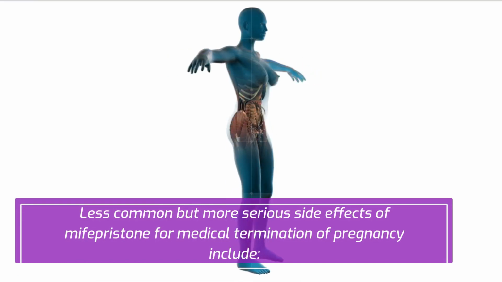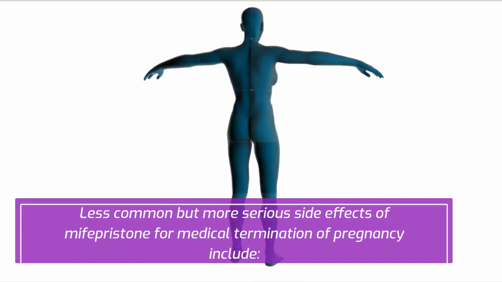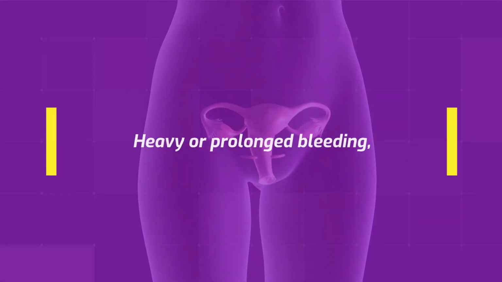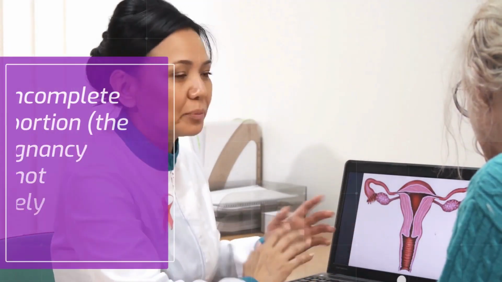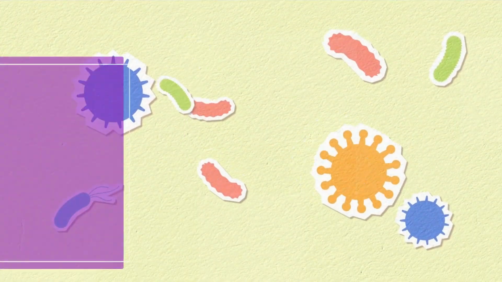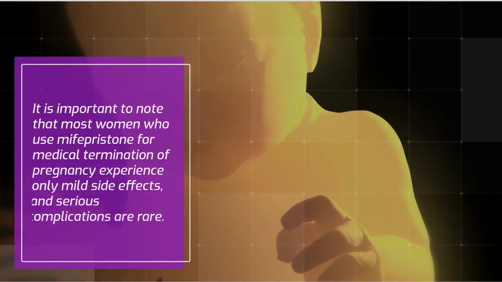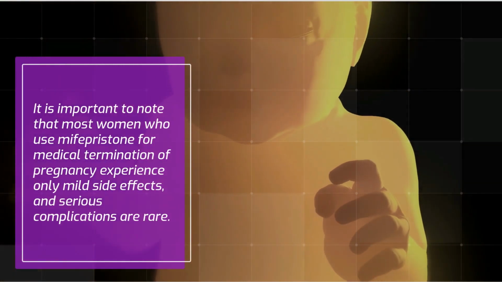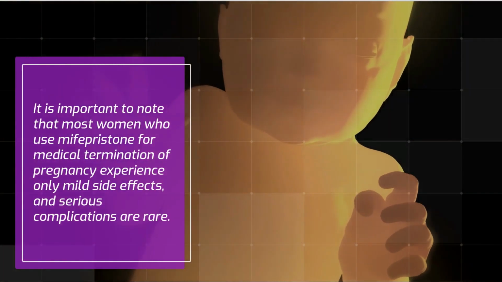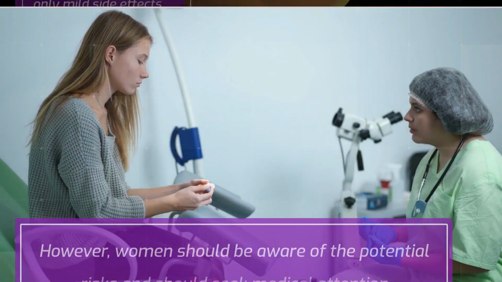Less common but more serious side effects of Mifepristone for medical termination of pregnancy include heavy or prolonged bleeding, incomplete abortion, the pregnancy does not completely terminate, infection, allergic reaction. It is important to note that most women who use Mifepristone for medical termination of pregnancy experience only mild side effects, and serious complications are rare.